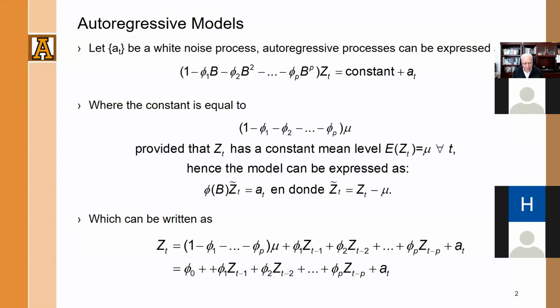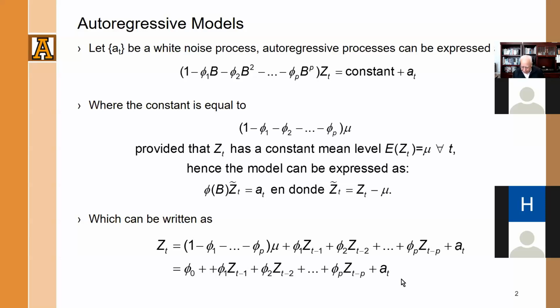I can also write the model as phi 0 plus phi 1 Z_{t-1}, up to phi p Z_{t-p}, plus a_t. Instead of the constant, it's going to be phi 0.